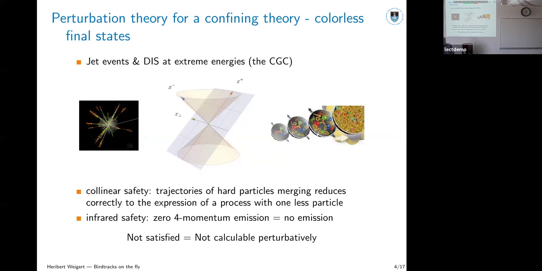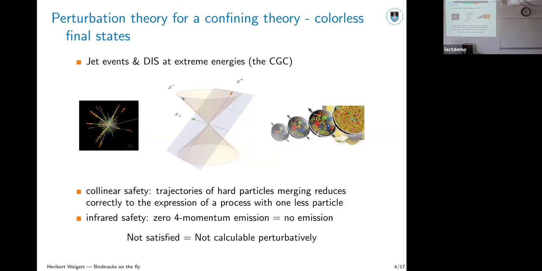So these observables must be constructed in a way where you safely recover the one-less-jet case in that limit. If that's not happening, this is a surefire way of making non-perturbative physics influence the observable.